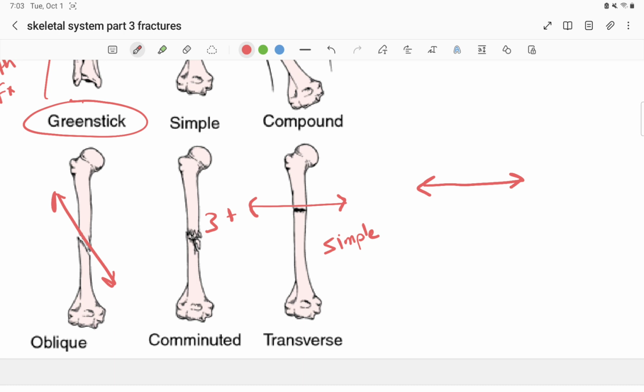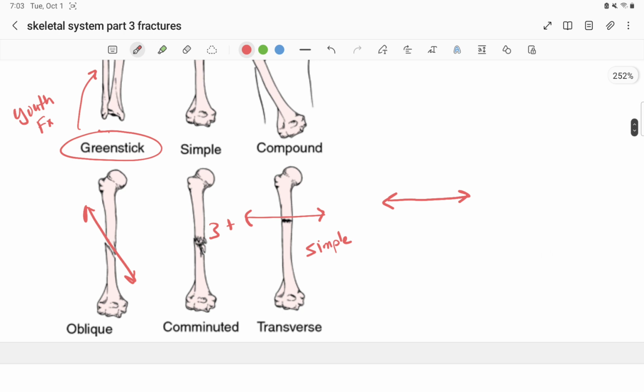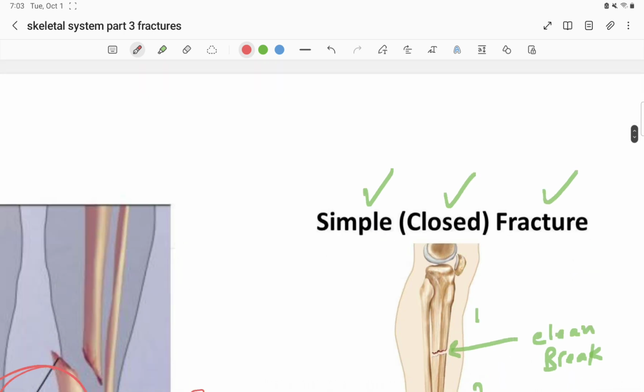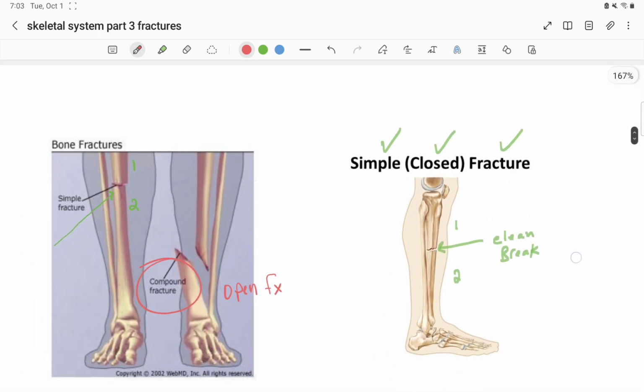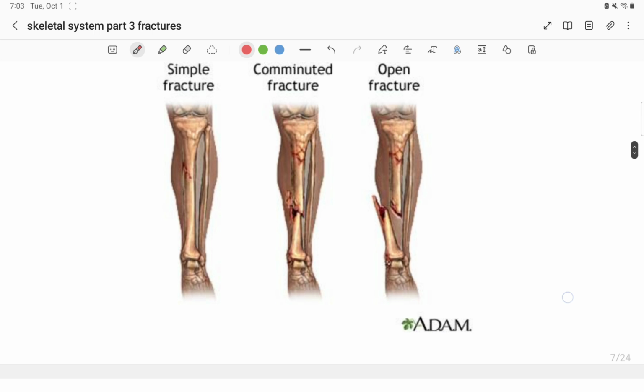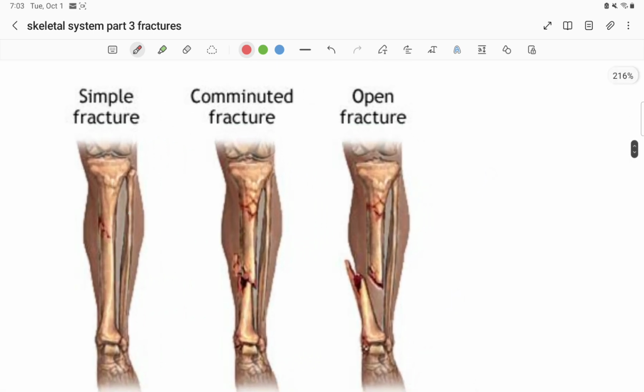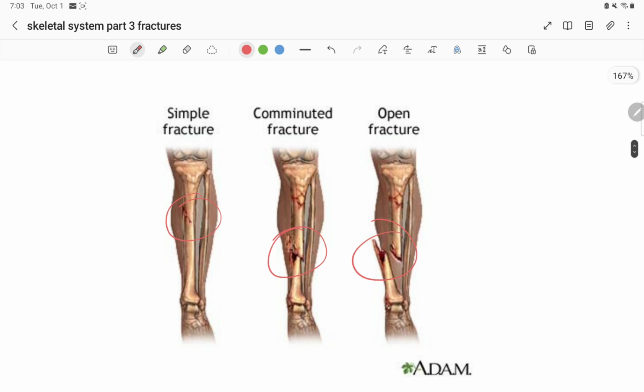So at some point, I'd imagine that you all will read different radiology reports as you read patient charts. So you're going to come across some of this language with how they describe fractures. Okay, so simple fracture, comminuted, so broken into 3 or more pieces, and there's an open fracture.